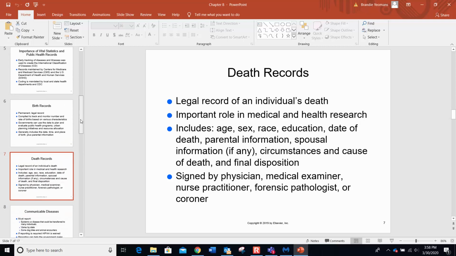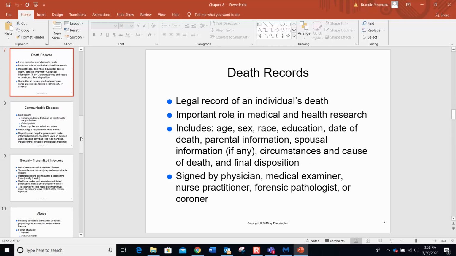So let's go to the opposite end of that spectrum and go to death records and death certificates. If you've ever had the death of a loved one and you were charged in closing out their finances and all those types of legal matters, you know that a death record is very important.